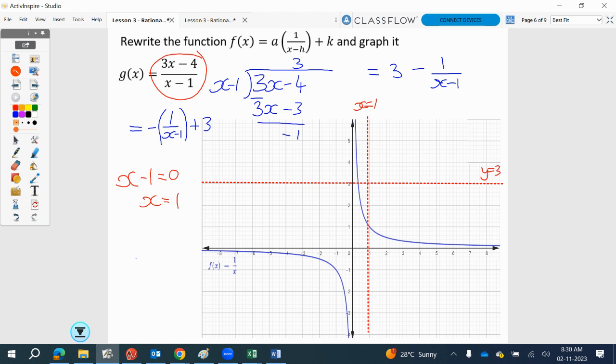Exactly that question: rewrite this function and sketch.